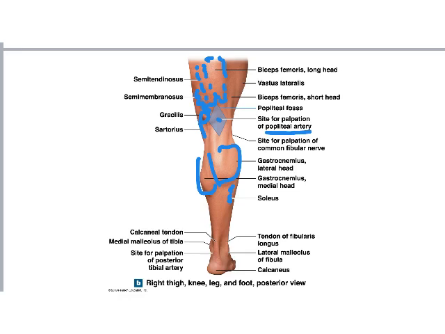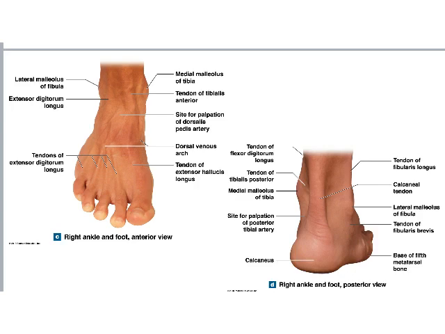Make sure you can identify the calcaneal tendon, which we call the Achilles tendon, right? Make sure you can identify that. We've got lateral and medial malleolus again. Calcaneus is where the heel is. So not really anything new here.